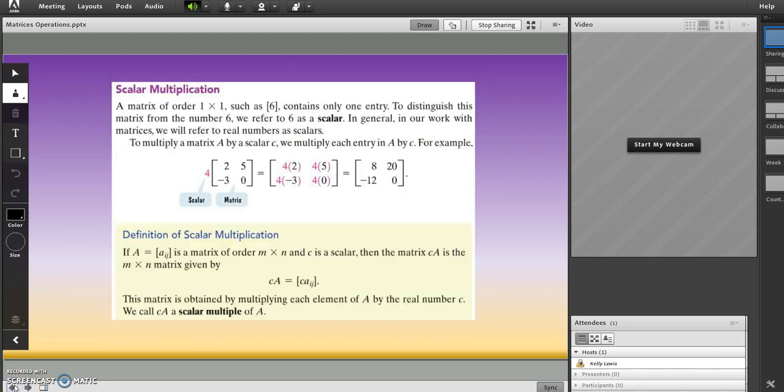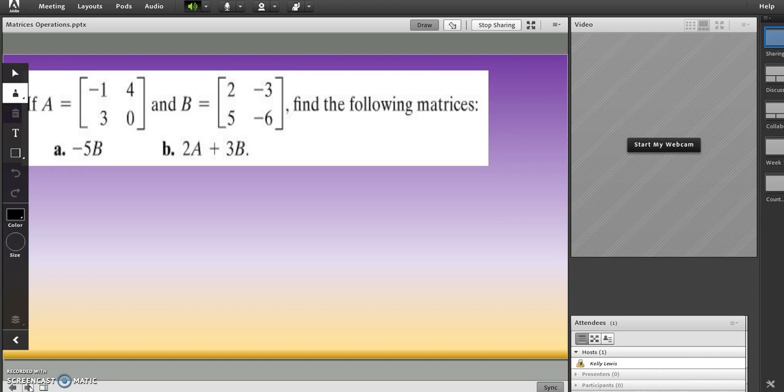All right, then we have what's called scalar multiplication. That just means we're going to take a number in front and distribute it to each one of the numbers inside. So we're going to do negative 5b. I'm going to take negative 5 and multiply it by everything in b.